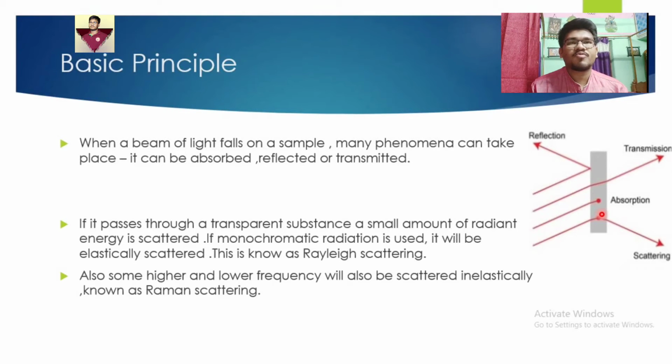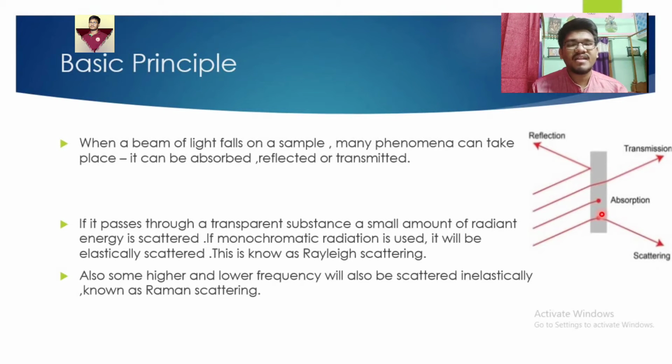If it passes through a transparent substance, a small amount of radiation energy is scattered, and if monochromatic radiation is used, it will be elastically scattered, and this is known as Rayleigh scattering. We are mainly focusing on the scattering part to discuss Raman scattering, the Raman spectroscopic technique.